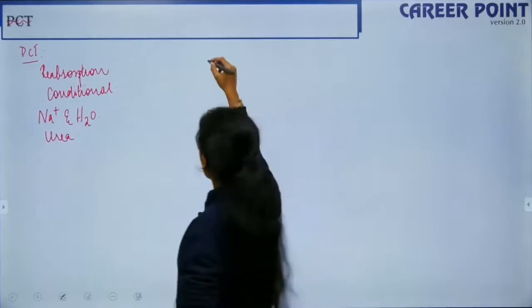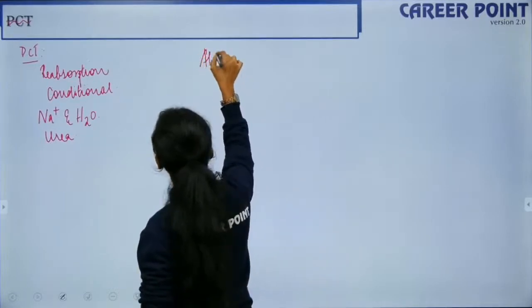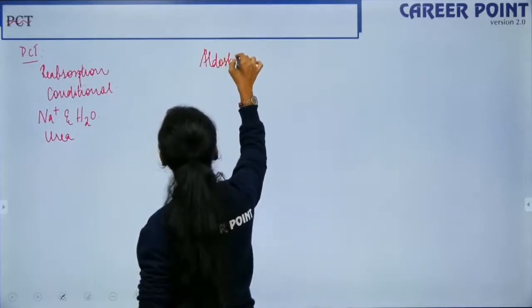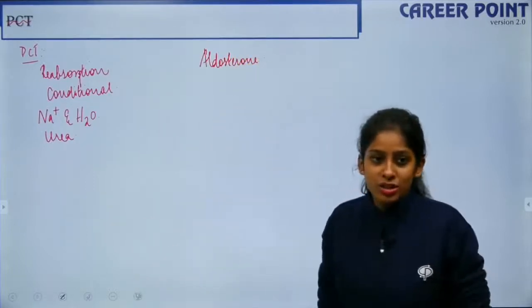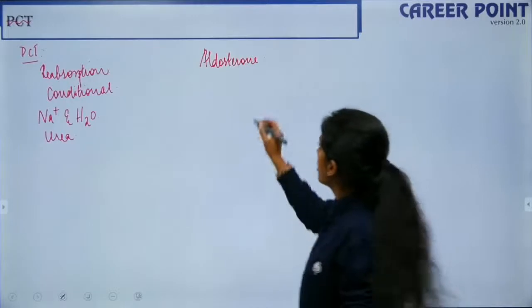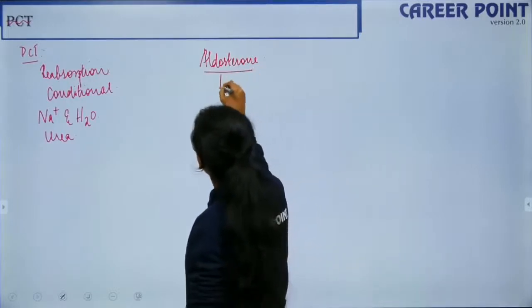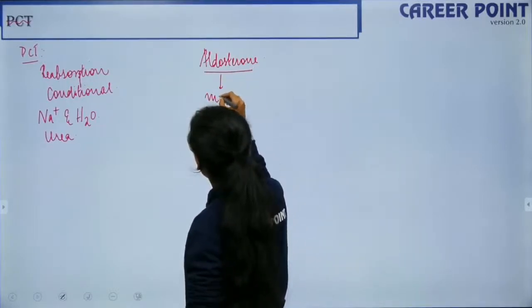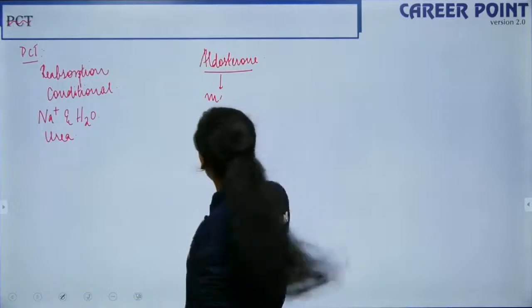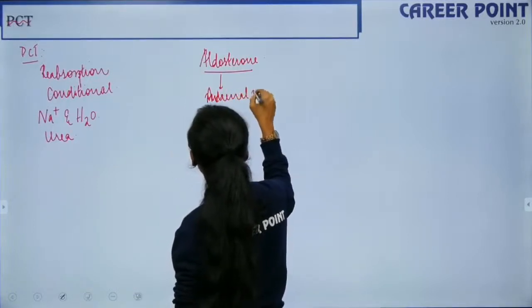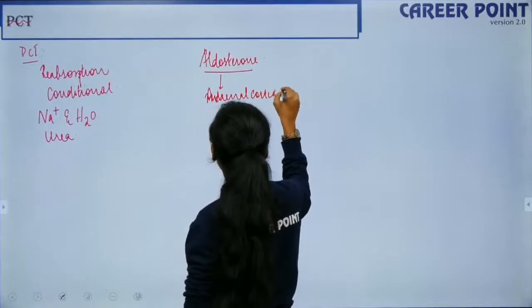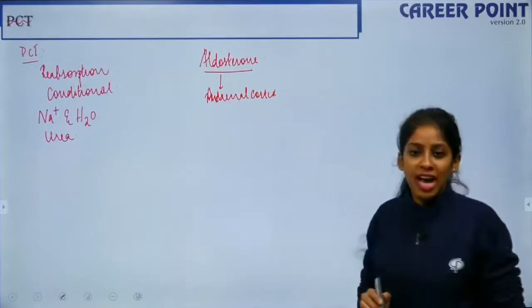So you have a hormone which is known as aldosterone. Yes, so this aldosterone is produced by the adrenal cortex. So it is a hormone of your adrenal gland.